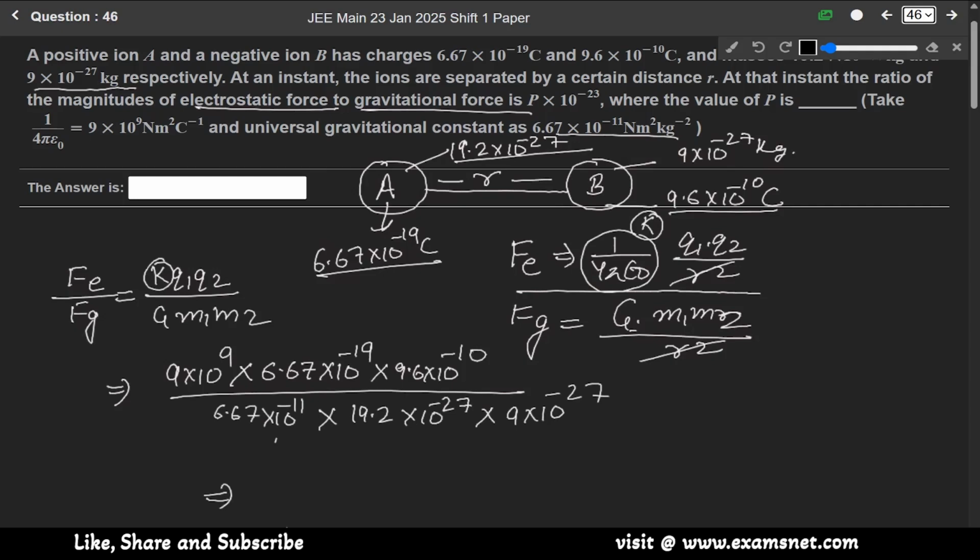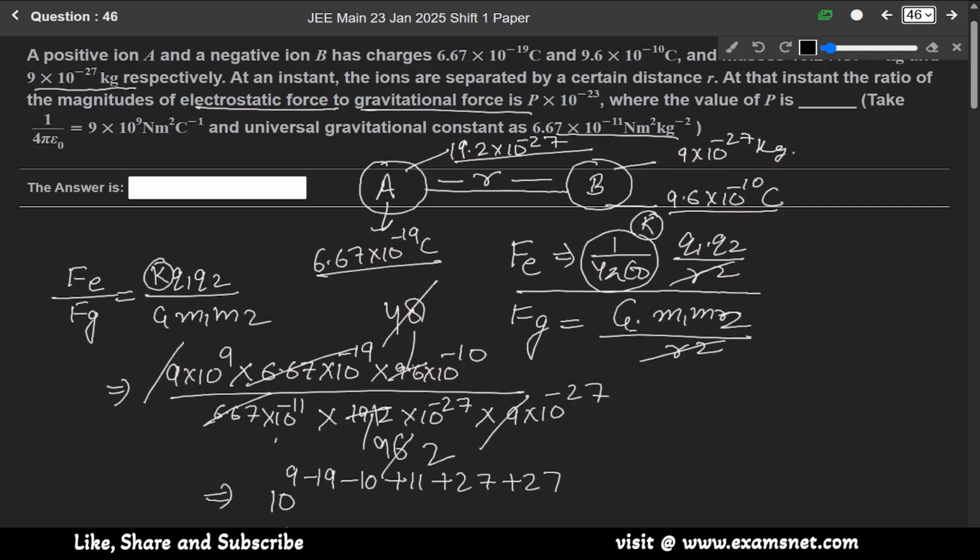this will become 9 cancels out, 6.67 cancels out, and it will be 2 8 is 16, 2 9 is 18, 1 19, 2 6 is 12, and 48 2 is 96. So it will be 10 to the power 9 minus 19 minus 10 plus 11 plus 27 plus 27 into 1 by 2.